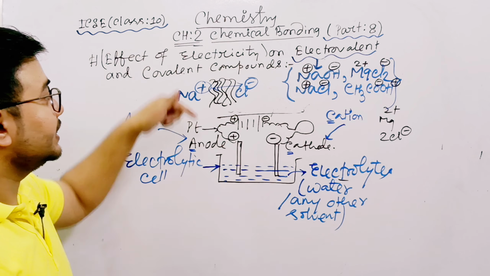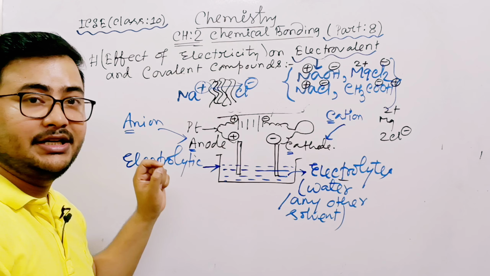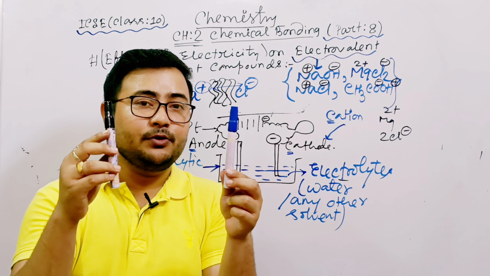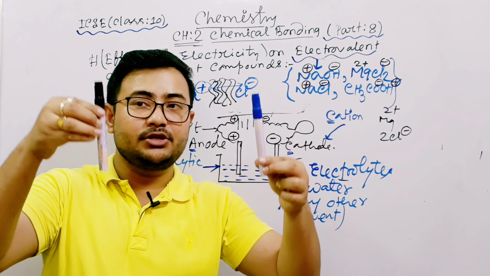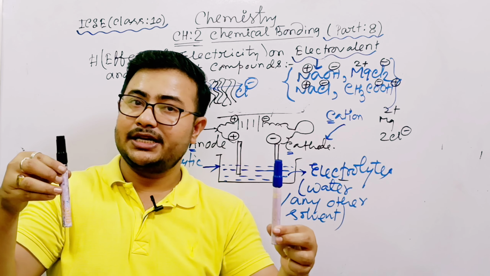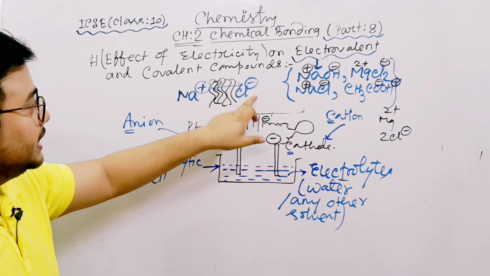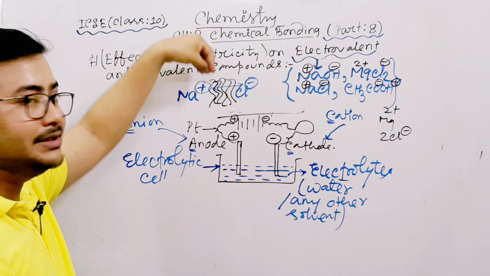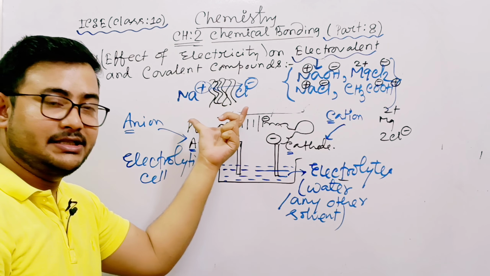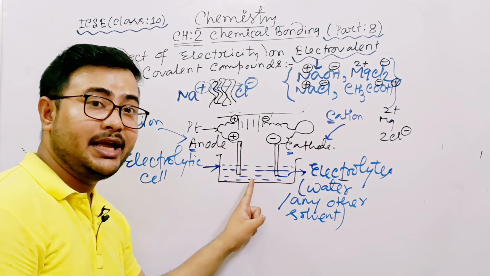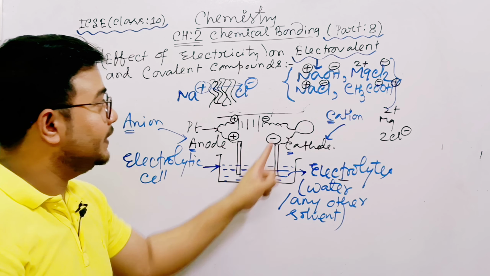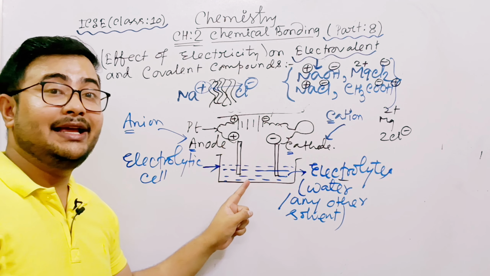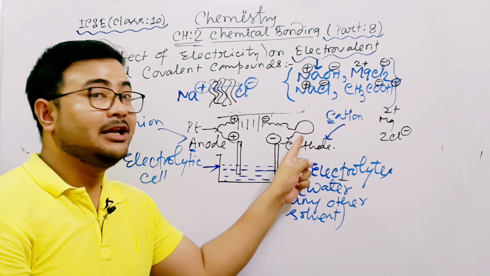So since the water enters between them, their attraction decreases. Why? Suppose it is a magnet, it is iron, there is huge attraction, but if you place a very thick book between this magnet and iron, their attraction decreases. So here also positive negative, previously there was attraction, but when water or any liquid enters between them, their attraction decreases. That is why water or any other solvent decreases their attraction. That is why they can carry the current and the bulb will glow.